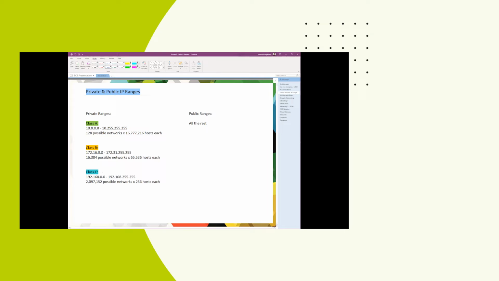Class C is the range of 192.168.0.0 up to 192.168.255.255. And you can see that this range can give us around 2 million possible networks, and each network can host up to 256 hosts.